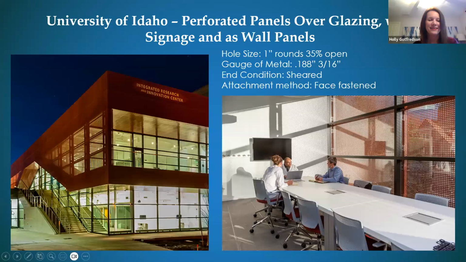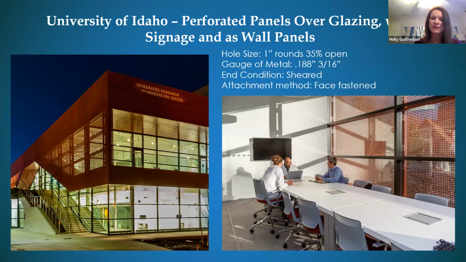Thank you. Yeah, I love this example. This is another way that you can utilize perforated panels over glazing. It's a great way to shade a room without completely darkening the space. Sometimes we've seen where awnings are used and the occupants feel like they're kind of in a cave, so to speak. It's really dark, and it keeps the sunlight and the heat out of the room, but this is a really nice happy medium.